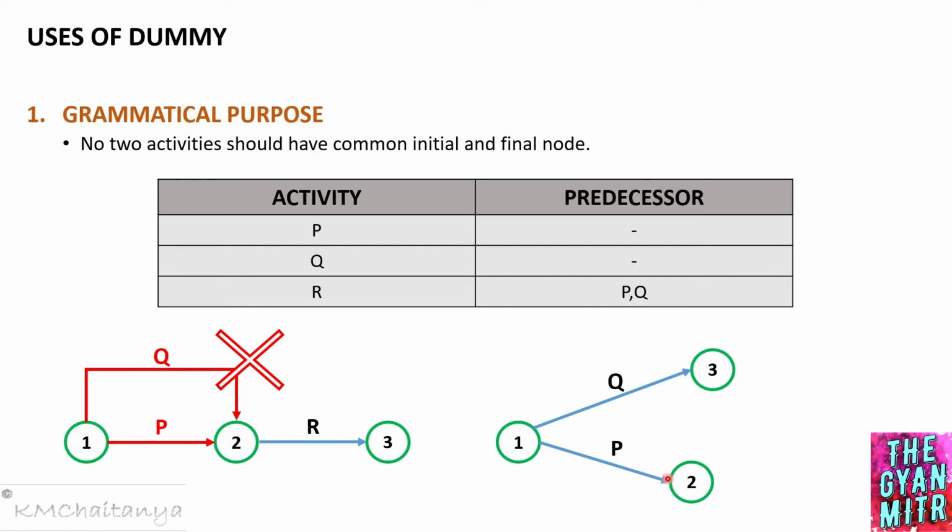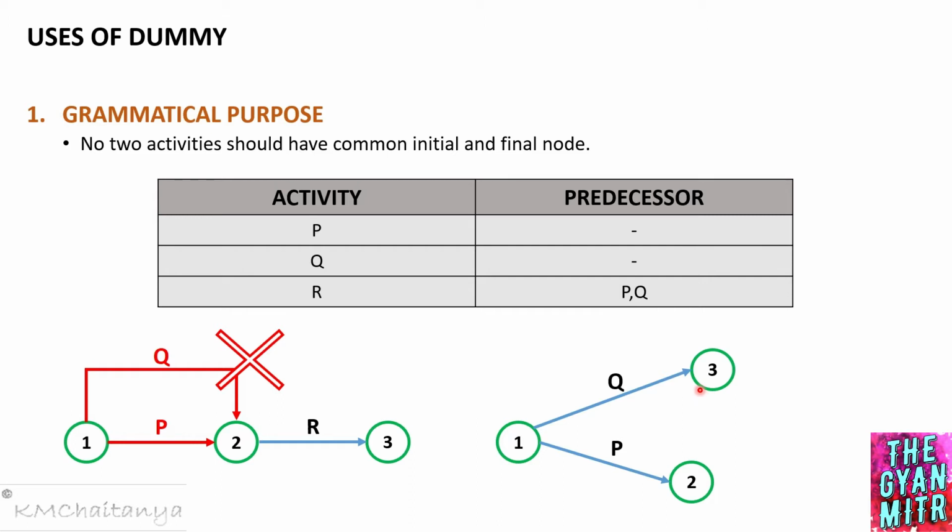So in order to have our activity R start, we need some sort of relation wherein we have both activities P and Q at that particular node. Also we cannot have these two activities joining these two events, since it is going to have a grammatical error.